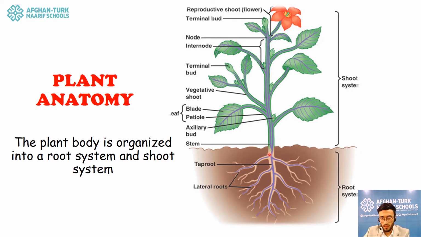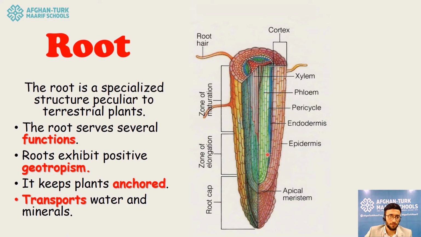So let's talk about it in more detail. The root system possesses these important structures. From downside up to outside, you can categorize them into three important regions: the one that is called the zone of maturation, the intermediate one that is called the zone of elongation, and the downside that is called the root cap.